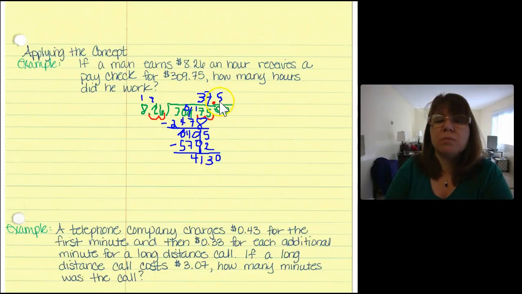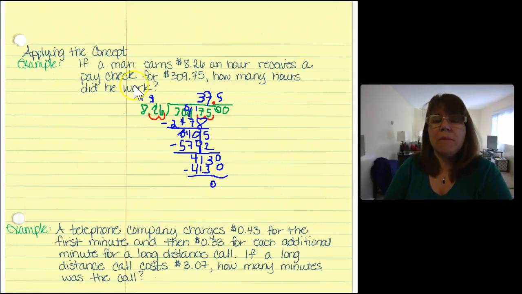Might be too much, but let's try a 5. 5 times 6 is 30. Carry the 3. 5 times 2 is 10, plus 3 is 13. Carry the 1. And 5 times 8 is 40 plus 1 is 41. Oh, good. It was not too much. In fact, it was perfect.